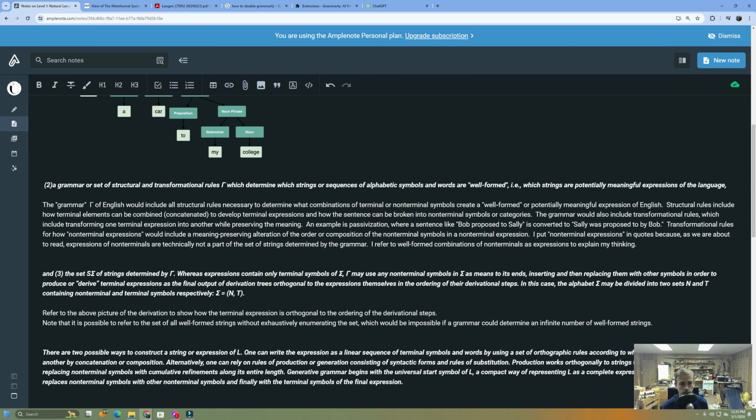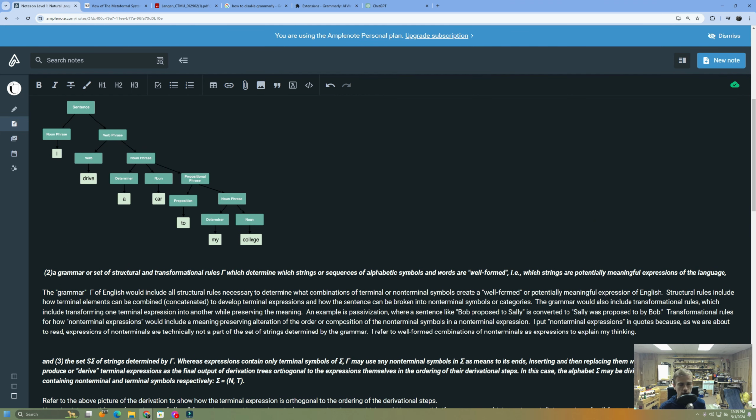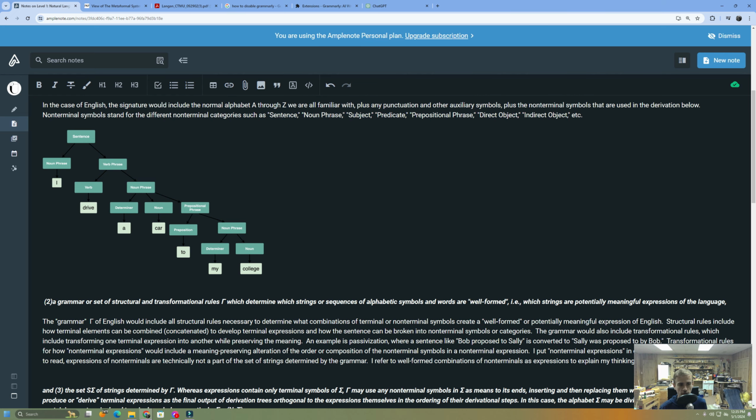And the way that I've been thinking about that overlay is that if you look back up at this parse tree and you imagine the words, I drive a car to my college, you notice how most of them are on different levels of the parse tree.